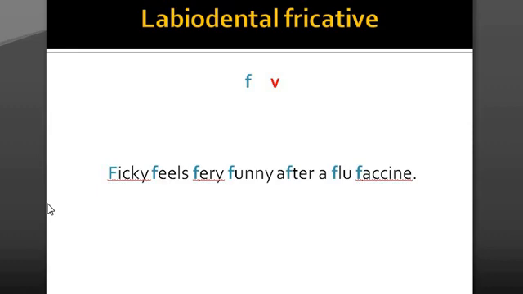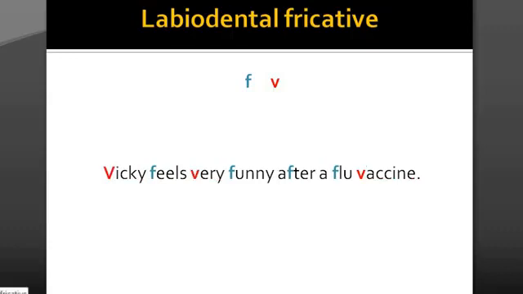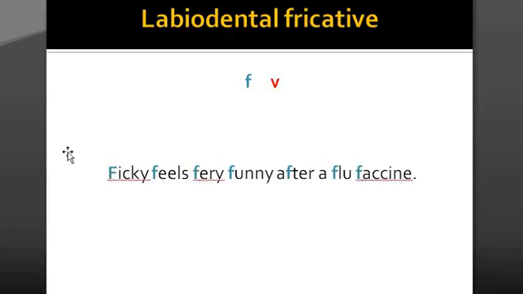So remember that the F and V sounds, we pronounce them the same way. If you're not sure how to pronounce V, you want to practice, try to read a sentence like this, but when you have a V sound, first change it to an F sound, okay? Repeat after me. Vicky feels very funny after a flu vaccine.